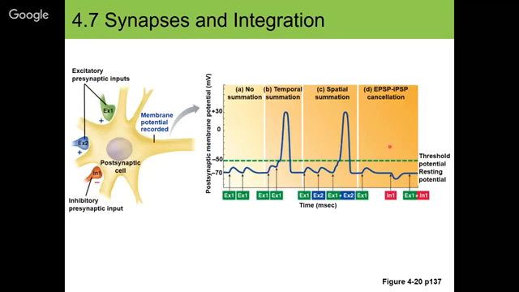So this will result in summation of the electrical potential, which may bring the postsynaptic cell to threshold, in other words, to plus 30 millivolts. So if you have these greater potentials overlapping in time, the result can be an action potential, okay?